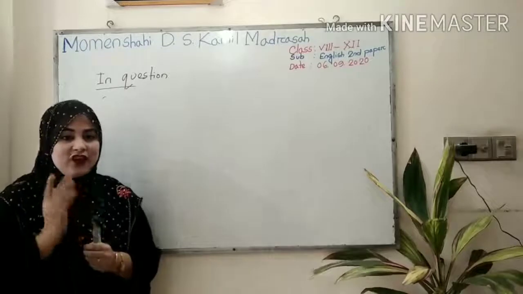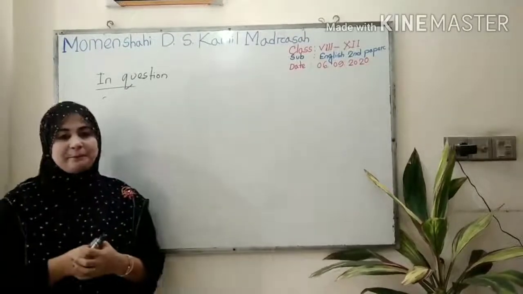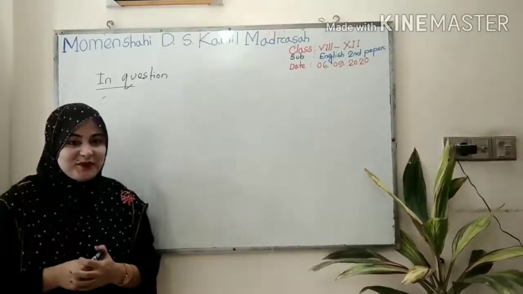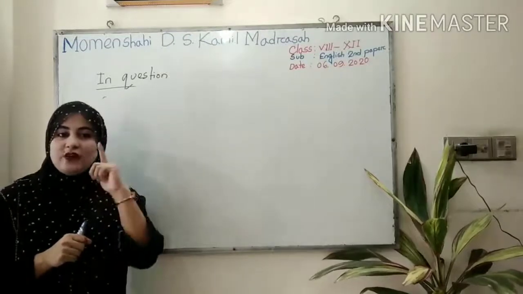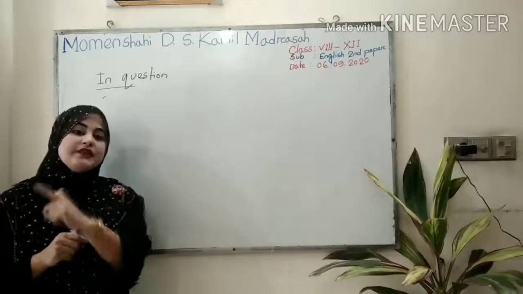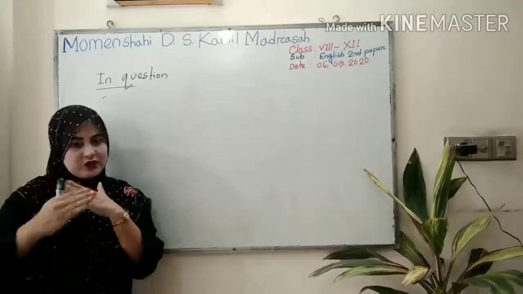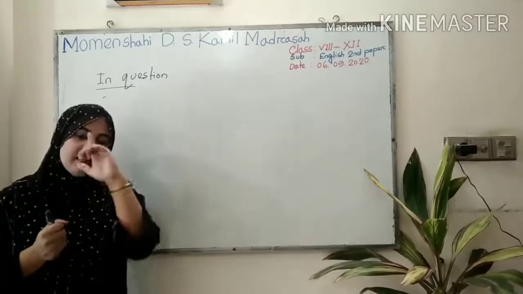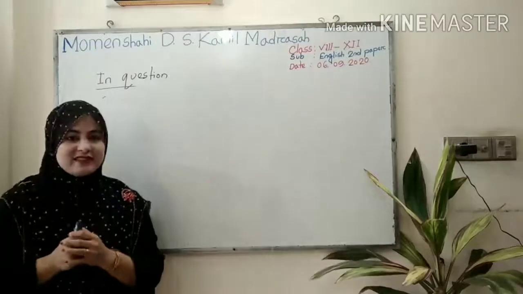So, I already announced that in narration you can change two types of words. One is auxiliary, which I already discussed, and the second one is person. So again, remember, obviously you have to keep in mind that to change direct into indirect narration, person is most important to change.